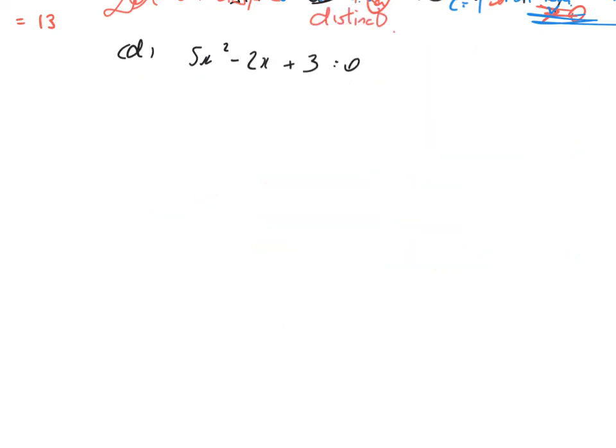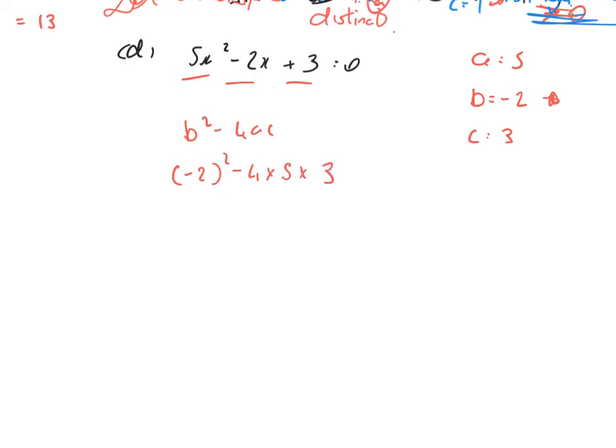Okay, so A is 5, B is, be careful, it's not 2, it's minus 2, and C is 3. B squared minus 4AC, so B is minus 2, so it's minus 2 squared minus 4 times A, which is 5, times C, which is 3. You don't need a calculator for this.